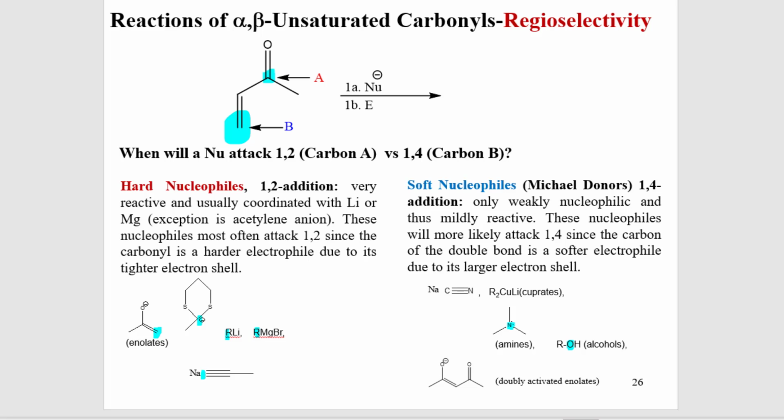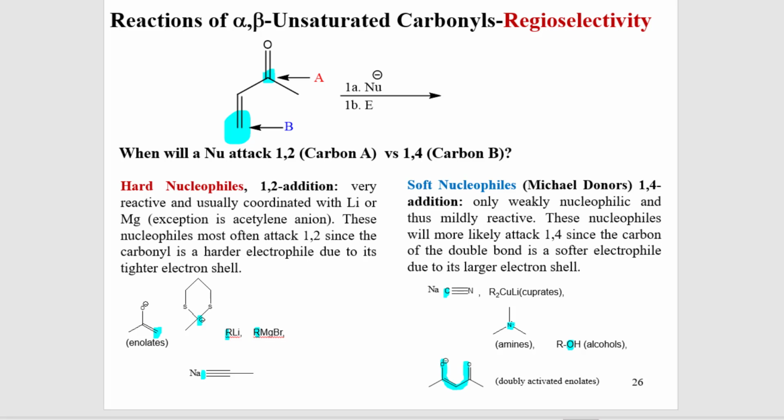Think about the resonance of this guy. This resonance is over 5 atoms. The electron shell is much bigger and squishier, therefore. The electron cloud is much more delocalized, so it's considered squishy and soft. The only one that seems weird to me is the nitrile. Carbon triple bond nitrogen is actually a soft nucleophile, and that's the only one that's hard to interpret.